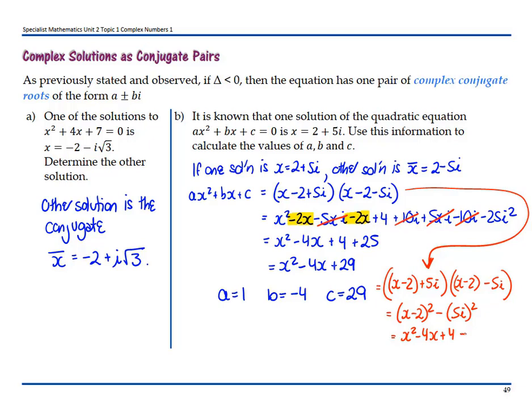Expanding your 5i all squared, you've got minus 25i squared. That then becomes x squared minus 4x plus 4 plus 25, because our i squared is negative 1, which is x squared minus 4x plus 29. Same answer, and to go from this step to this step, you're using a difference of perfect squares, so a plus b, a minus b equals a squared minus b squared. So all the way, you get the same answer.